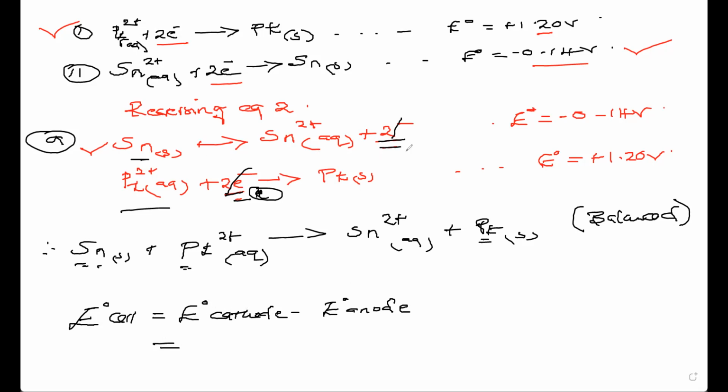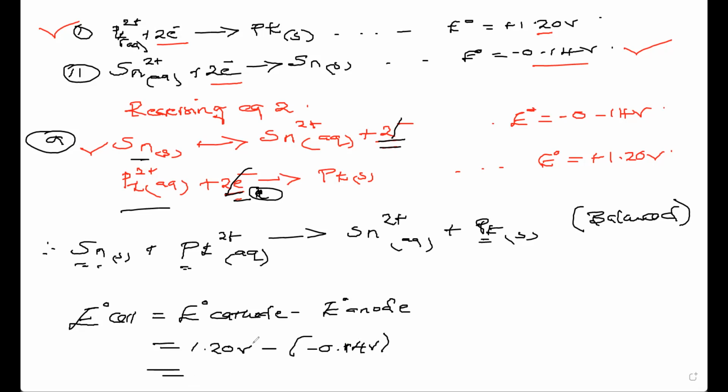Between the two, which one is the cathode and which one is the anode? Pt is the cathode. Exactly. So Pt is the cathode. So that voltage will subtract the anode, which is this voltage. Right.